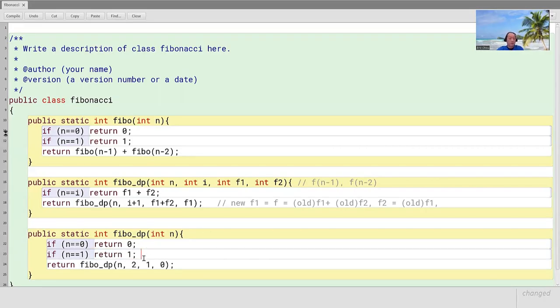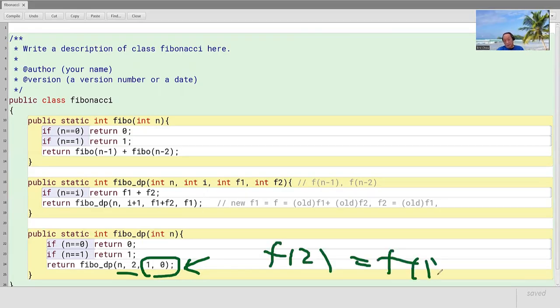These two initial conditions are still needed. And then you start from 2. So f of 2, if n equals 2, then you directly return 1 plus 0. That's actually f of 2 equals f of 1 plus f of 0. So n equals 1, n equals 0, you already solved it.